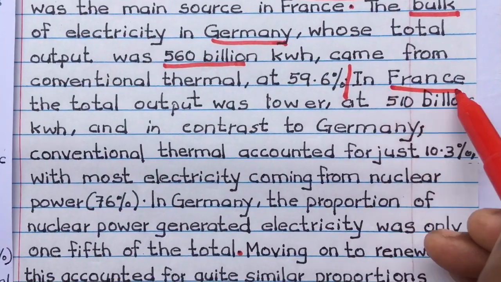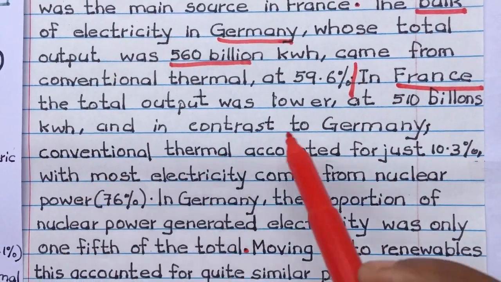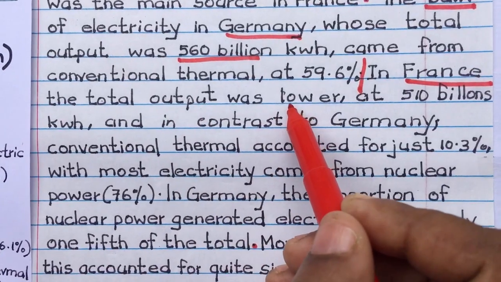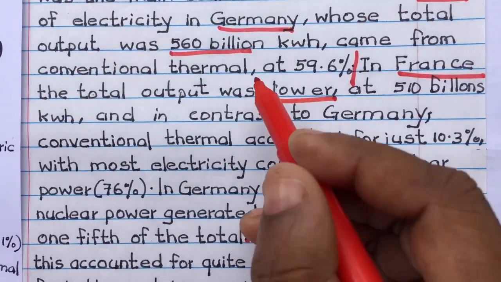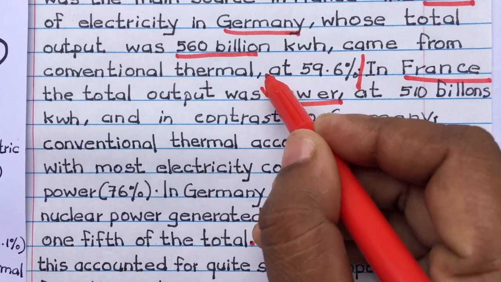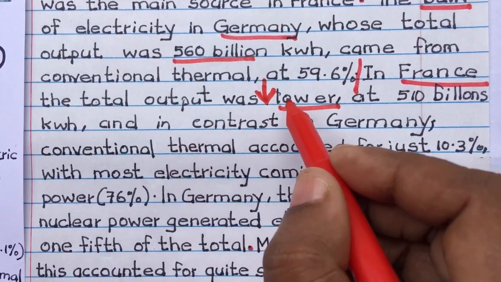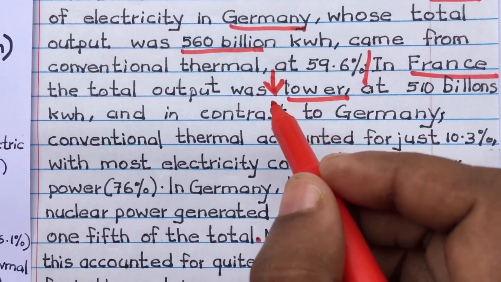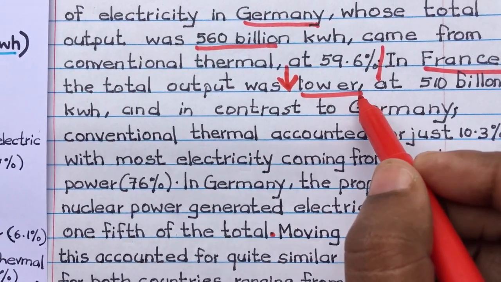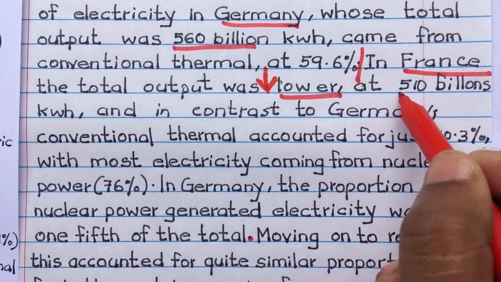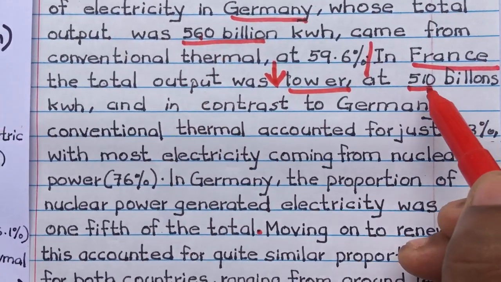In France, what's with France? In France, the total output was lower. So I have used a comparison here, more than comparison, I have used a trend, because always you have to use some kind of trends in your writing. So lower at 510 billion. See the difference here, it is 560 and 510.